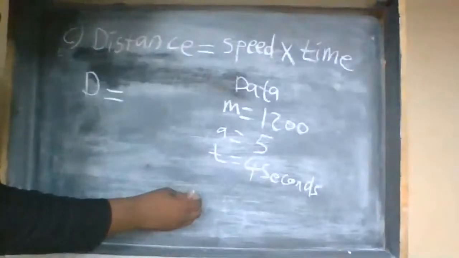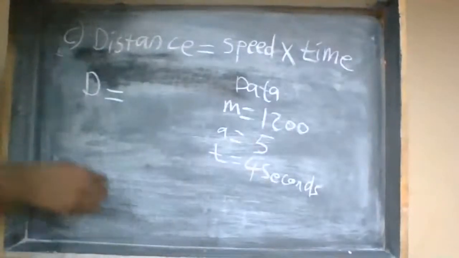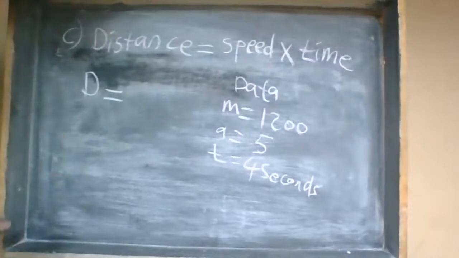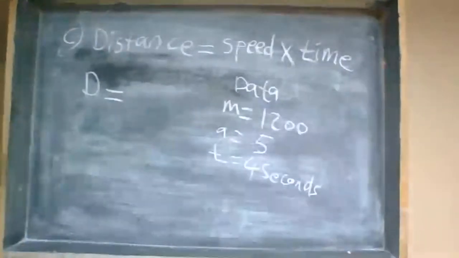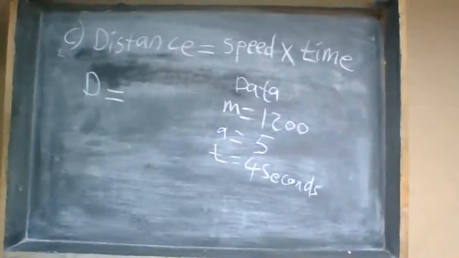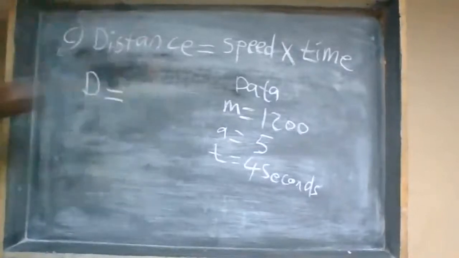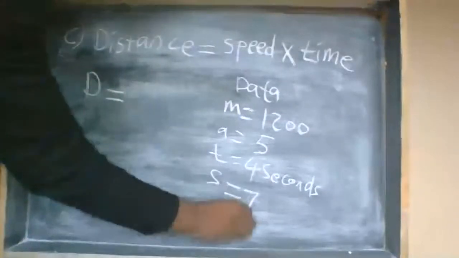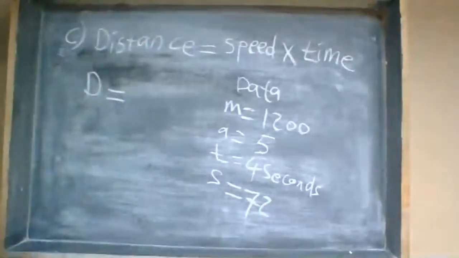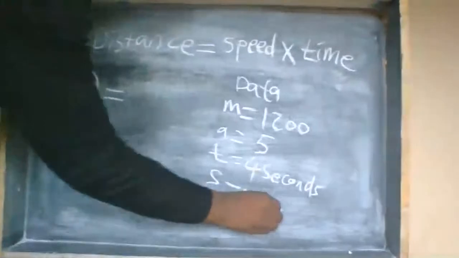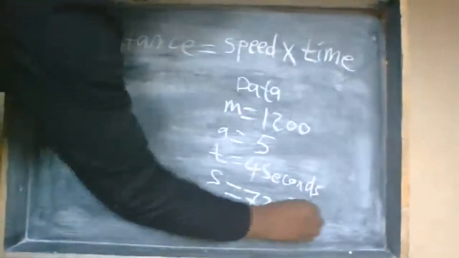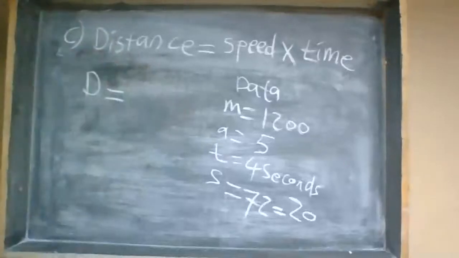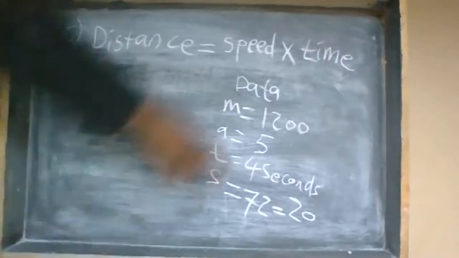The speed in this case is our initial velocity that the car was running at. Our initial velocity was 72 kilometers per hour, which we converted into 20 meters per second. So that is what we are going to use.